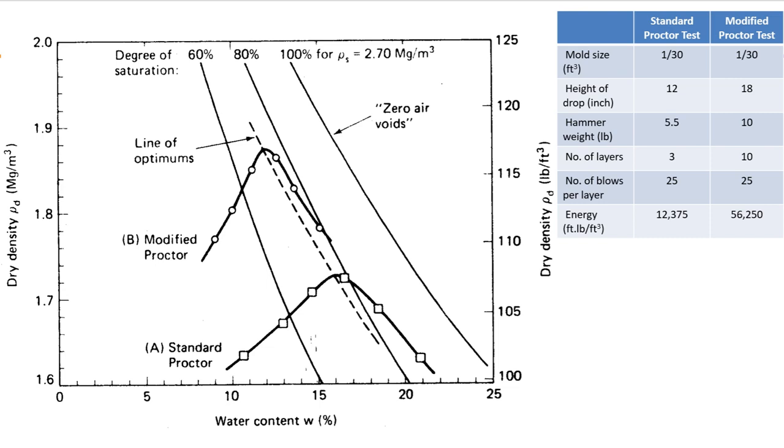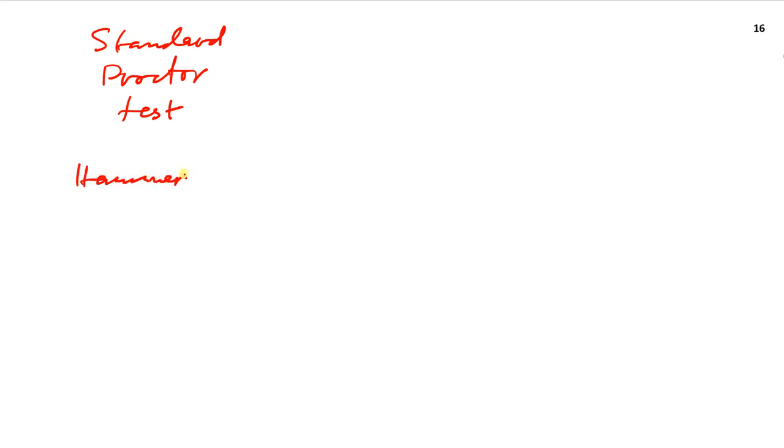So in our last class, we talked about the standard Proctor test. Now, what is the standard Proctor test? In the standard Proctor test, we use a standard hammer, the weight of the hammer is 5.5 pounds.